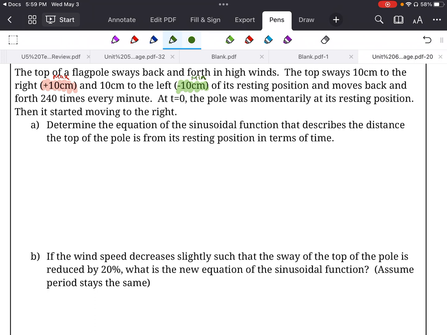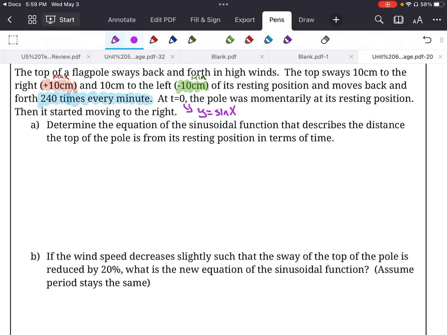Of its resting position, and moves back and forth 240 times every minute. At t equals 0, the pole was momentarily at its resting position. So that means it's at the equation of axis at 0. So that means we're going to use y equals sine x.